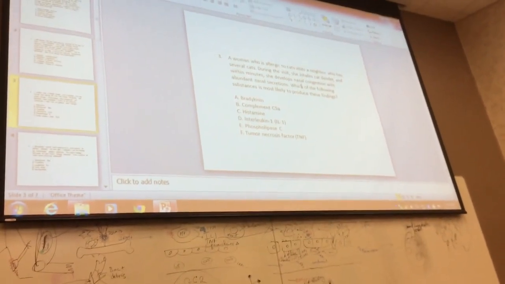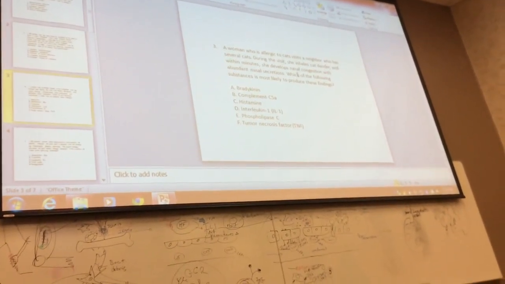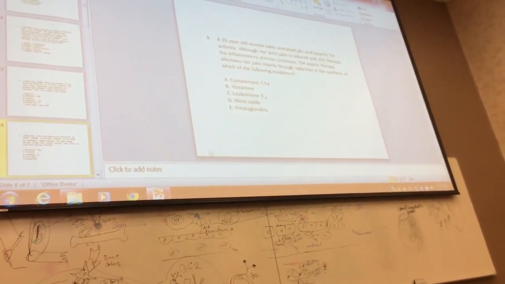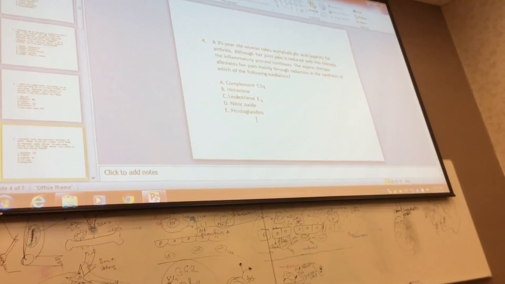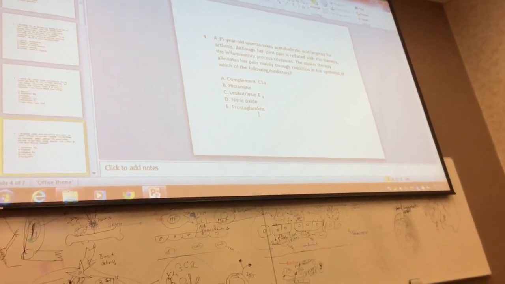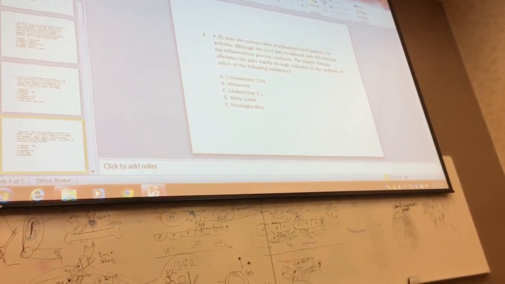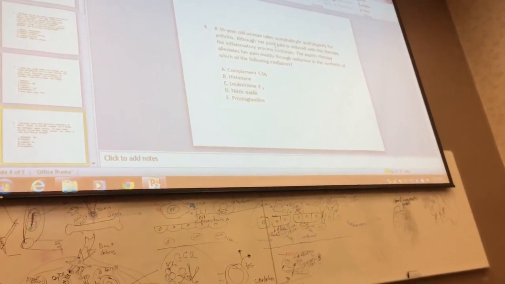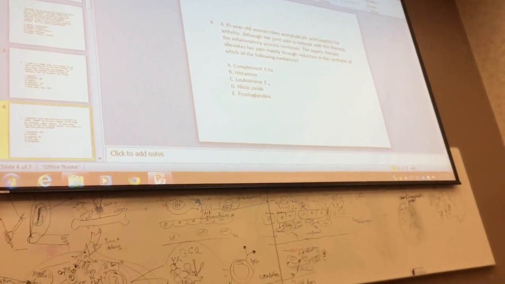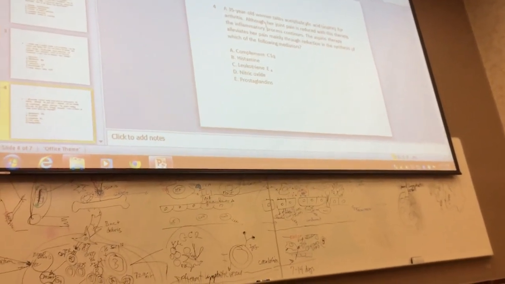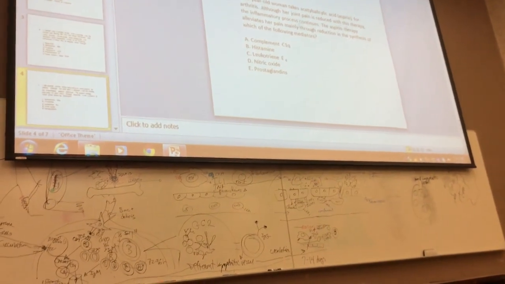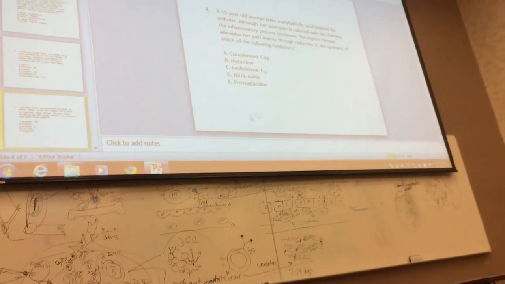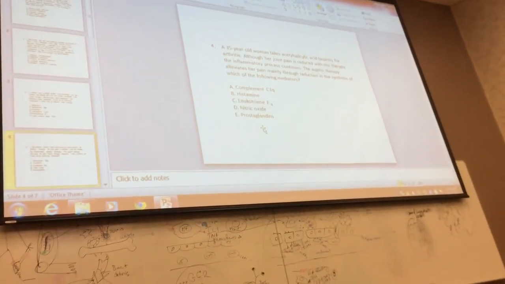If you suffer from allergies, you knew this one, because you'll be taking antihistamines. Another one about mediators. This is a 35-year-old woman taking aspirin for arthritis. That reduces her joint pain, but the inflammation continues. They're asking, the aspirin therapy alleviates her pain mainly through reduction of which of these mediators?